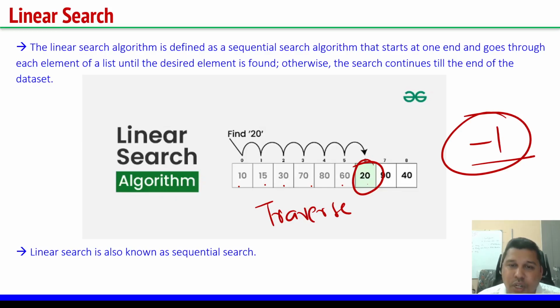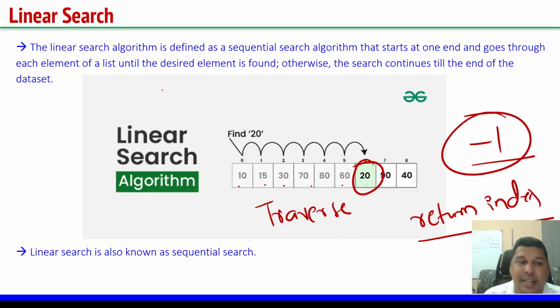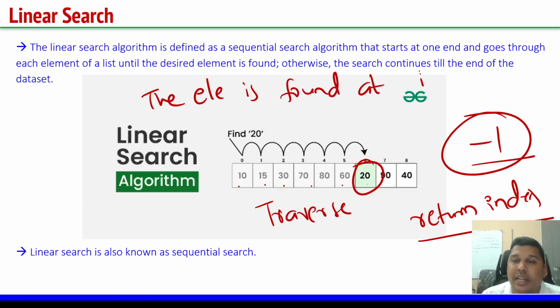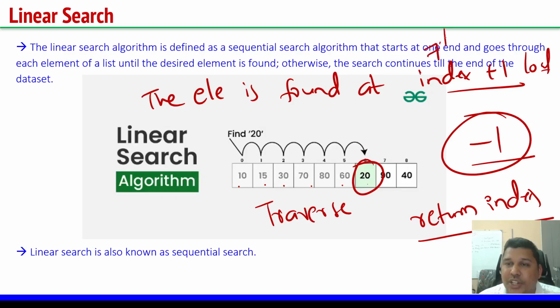And if the element is found, stop the process there and return its index. You can say the element is found at index + 1 location. If the index is 6, that means the 7th place in the array. That way you can give the output.